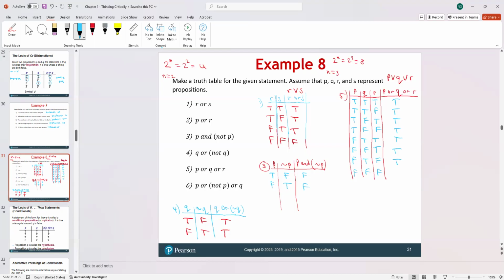The only time it's false is when all three are false. So this one is false. That's how you construct your truth tables. I hope this helps you to do both the and statements and the or statements. Remember, or statement is disjunction and and statement is conjunction.